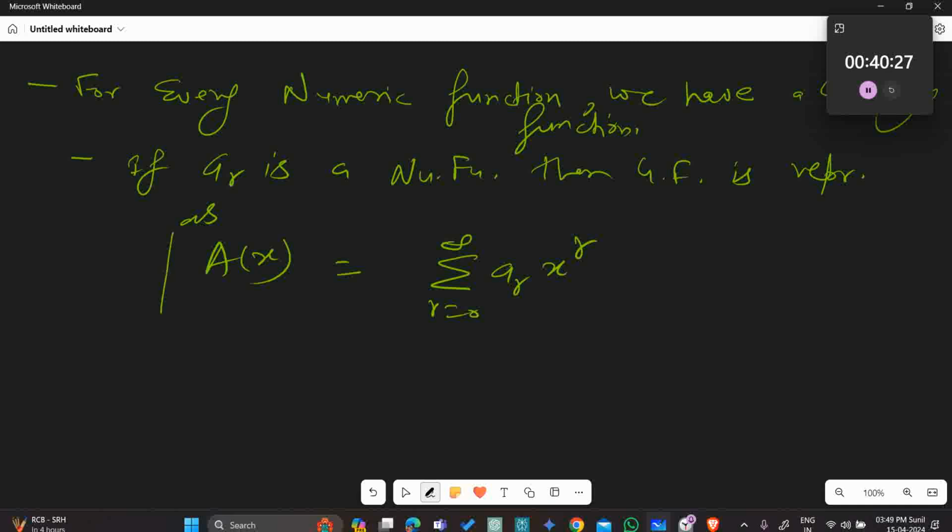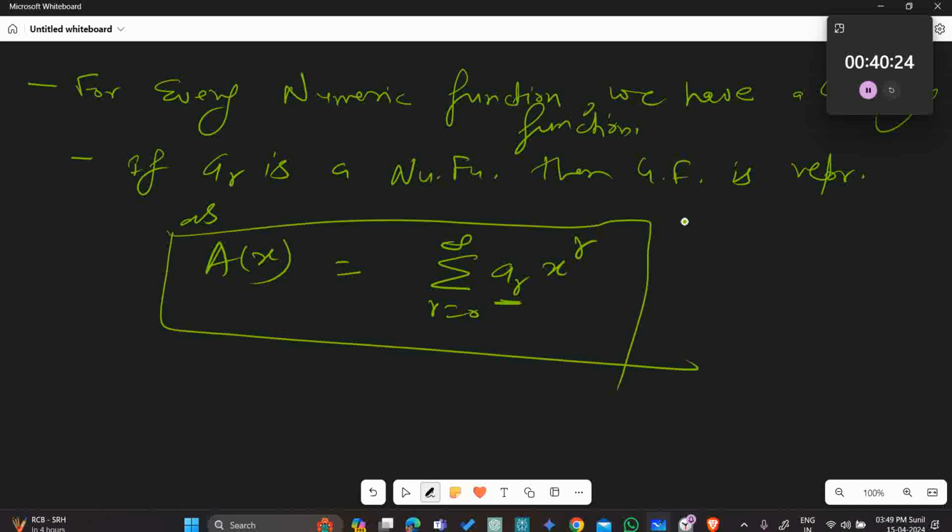Alright, this is a very general formula for the generating function for a numerical function a of r. And this is the generating function for this numerical function.